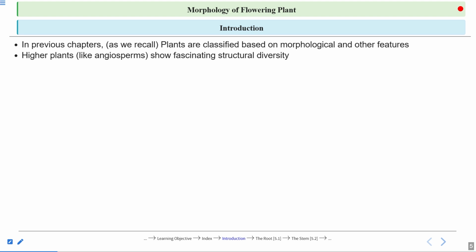We have studied the bryophytes, pteridophytes, gymnosperms, right? These are not a higher group of plants, but this angiosperm, the flowering plant, right? And they show most of the structural diversity. And this is one of the reasons that you find angiosperms everywhere.